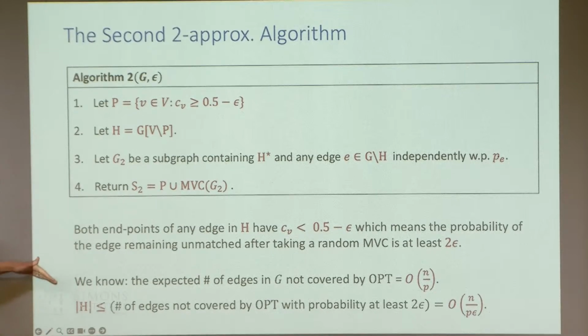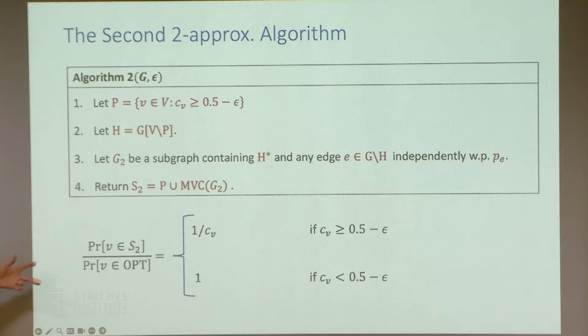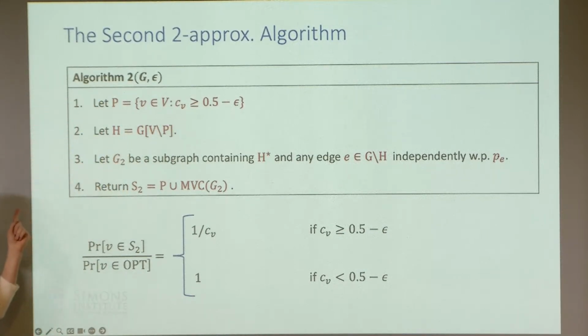So this was just about the sparsity of H. Now we also need to talk about the approximation ratio. Again, the per vertex approximation ratio. Here we have the probability of V being in the output of this algorithm and the probability of V being in the optimal solution. Any vertex that has CV larger than half minus epsilon will be in the final solution, right?